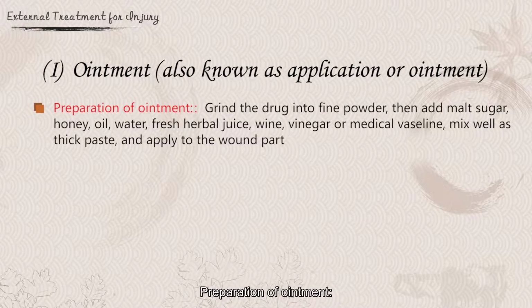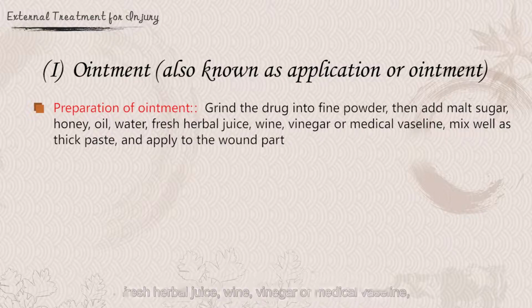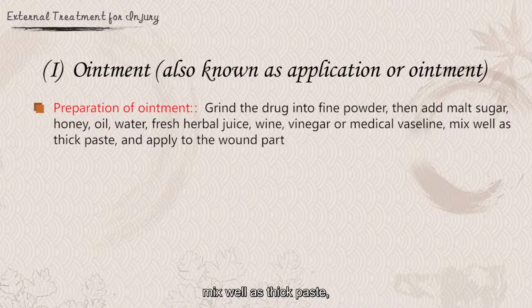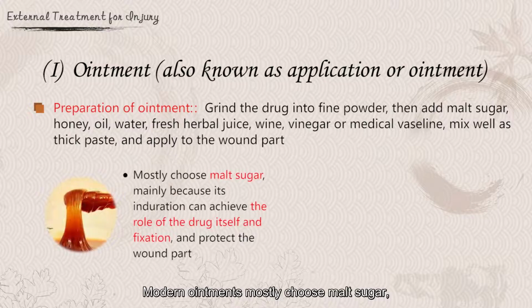When preparing ointment, grind the drug into fine powder, then add melted sugar, honey, oil, water, fresh herb juice, wine, vinegar, or medical Vaseline. Mix well into a thick paste and apply to the wound part. Modern ointments mostly choose malt sugar, mainly because its induration can achieve the role of the drug itself and fixation, and protect the wound part.